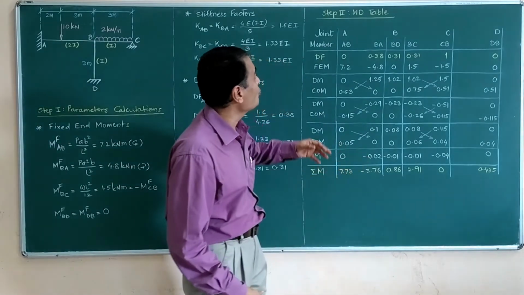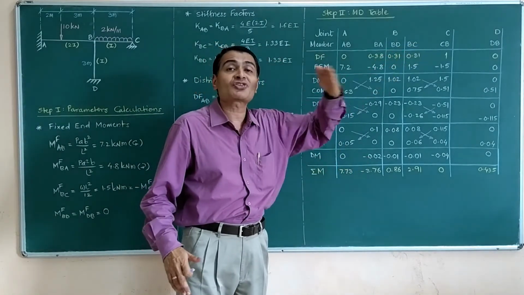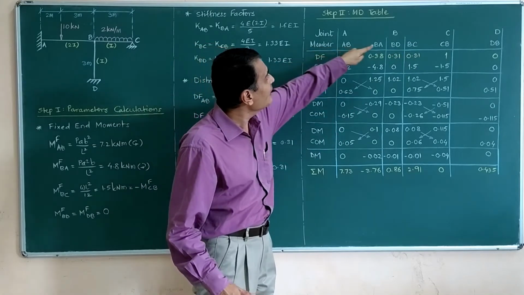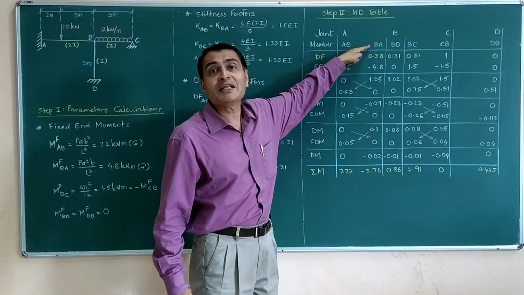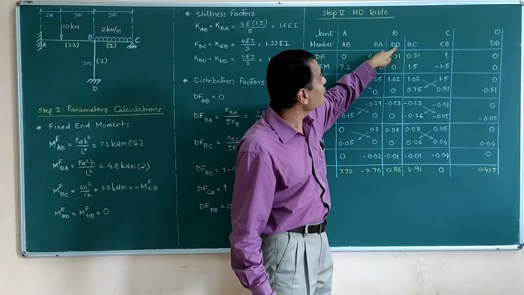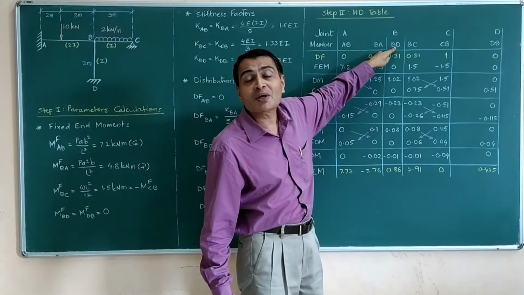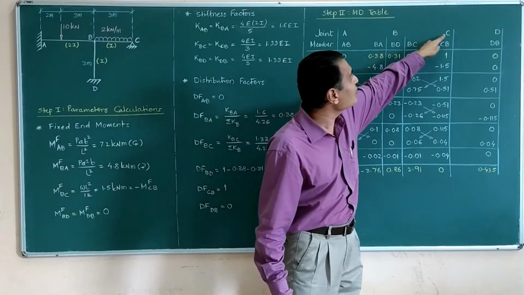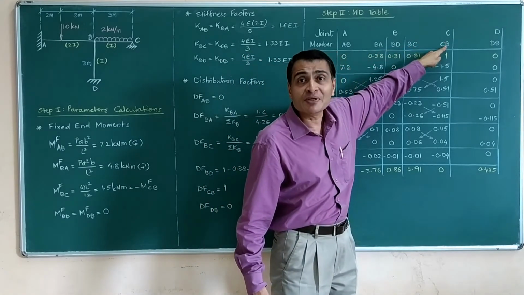So let's see how we are writing our members below the joints now. Here I am writing AB and under B I am writing BA. Deliberately I am not writing BC here but I am writing BD here, then BC, and under C I am writing CB.